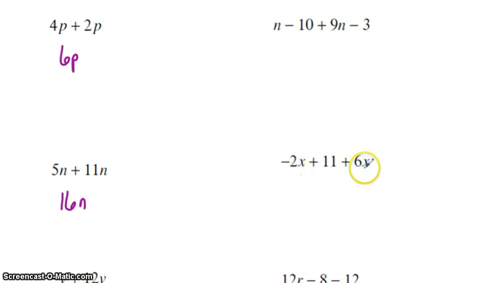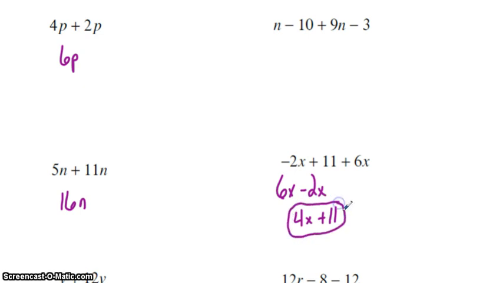So we are subtracting 2x and we have 6 groups of x, which is like 6x minus 2x, which equals 4x. Then we can add in our 11. So the simplified version of that expression is 4x plus 11.